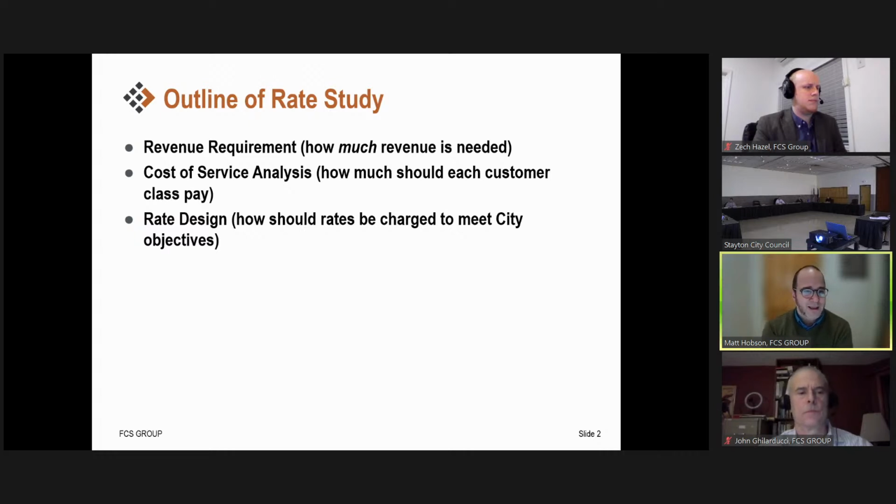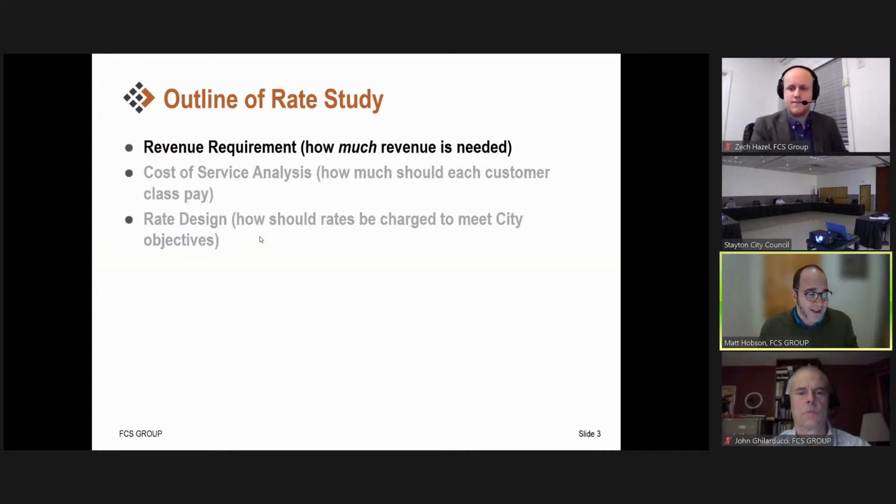The first one is the revenue requirement analysis, which looks at overall needs for each of the 4 utilities and answers the question, how much revenue is needed? We'll be focusing tonight's discussion on this first step. We plan on coming back later next month, likely, to tackle the last 2 steps. If you have any questions on those, we'll answer what we can today, but we'd like to focus most of our attention tonight on the first step.